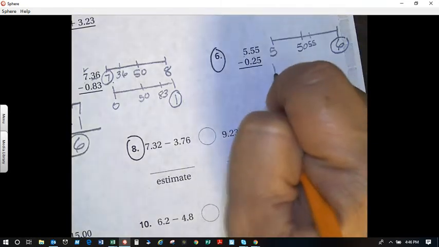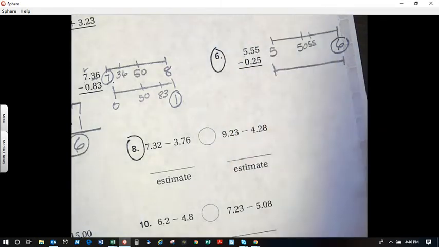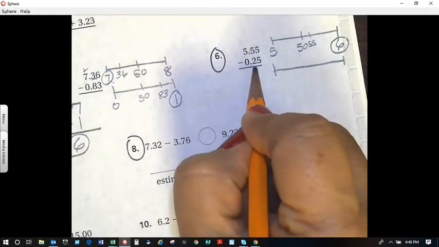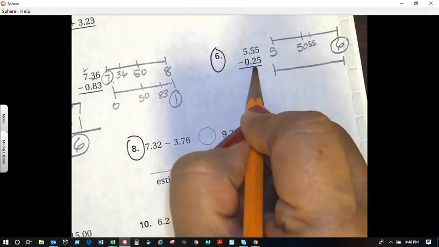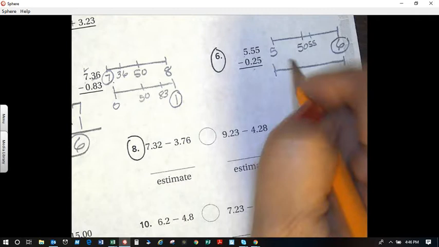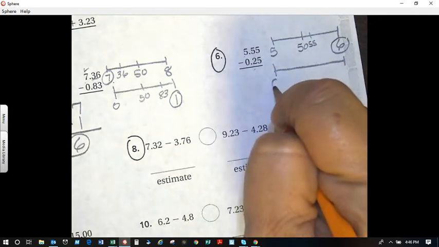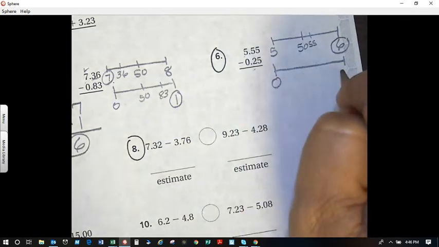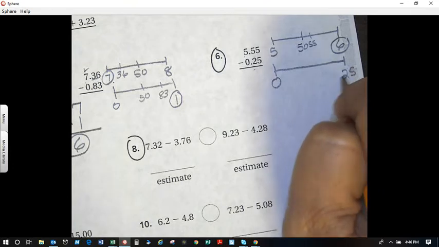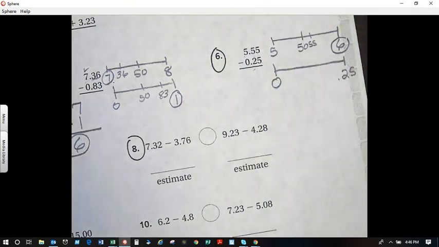Now the next one, you're like, oh my gosh, what are we doing? So we have 25 cents or 25 hundredths. Well, what is between 0 and 25 hundredths? Now remember when we were doing the metric ruler and we were saying, look at all the numbers in between when we were looking at 4 tenths or 40 hundredths, and look at all those numbers in between.